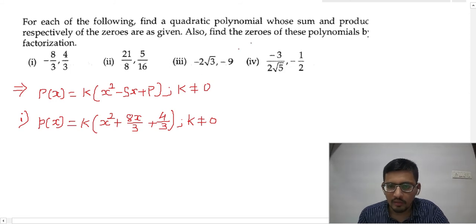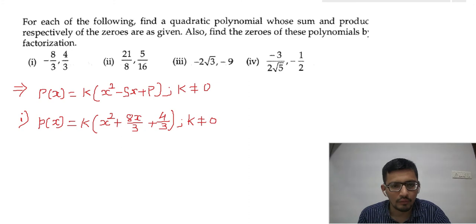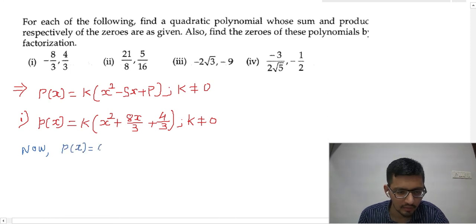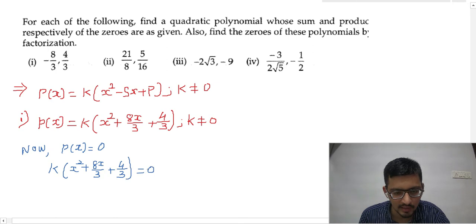Now what are they telling? Also find the zeros of this polynomial by factorization method. So how to find the zeros? That procedure I already explained. What will you do to find the zeros? You will take p of x equal to 0. So p of x is what is given? k into x square plus 8x by 3 plus 4 by 3 is equal to 0.